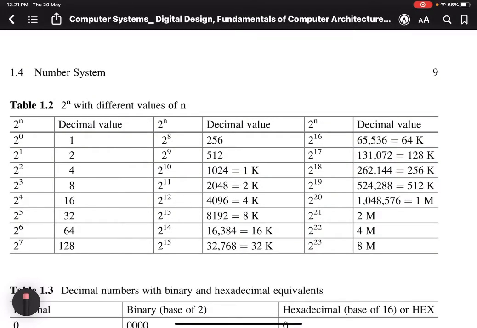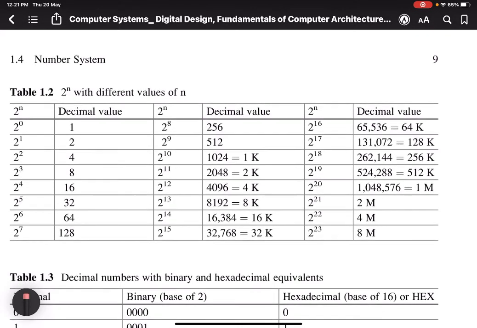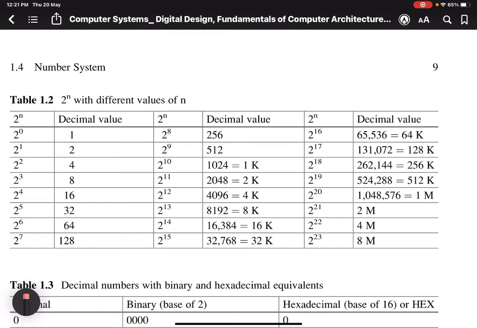Welcome guys to the continuation of our number system for our prelim, first topic. Previously, we discussed the conversion of decimal fractions into binary. Now, for the conversion of decimal to binary and binary to decimal, we have a table. This is it. So 2^n with different values of n, we have the decimal value here for the corresponding value of 2^n.